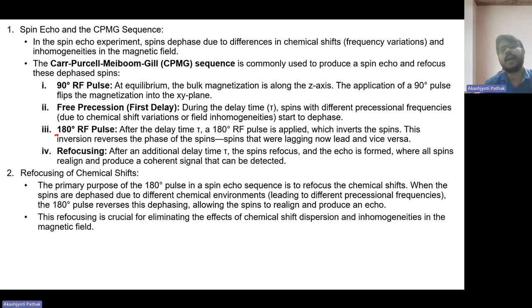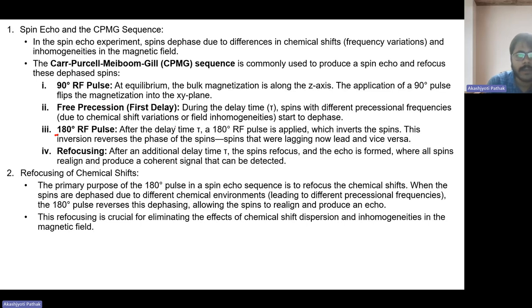That radio frequency pulse will cause a deviation in the bulk magnetization by an angle of 180 degrees from its initial direction for each of the nuclear magnetic spins.